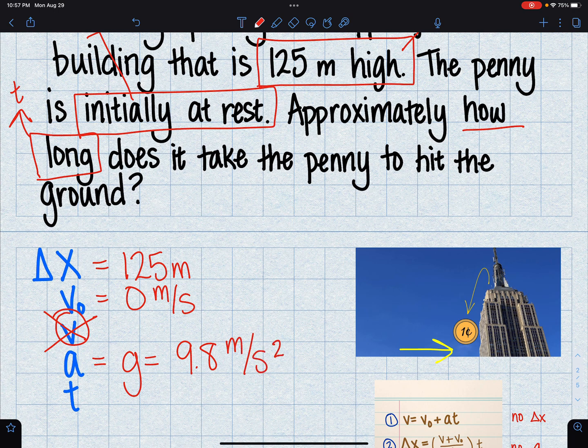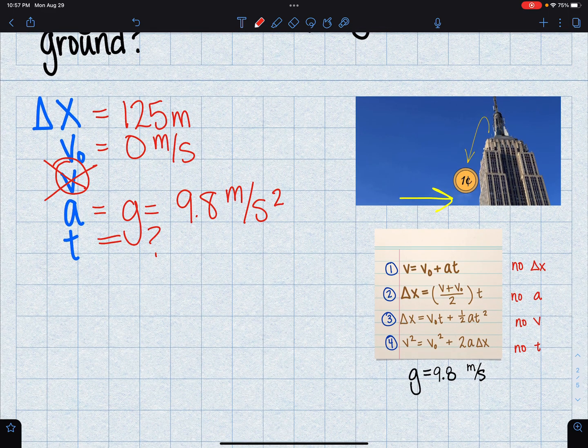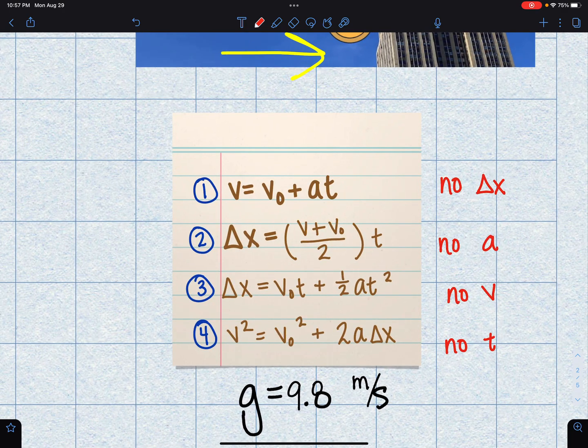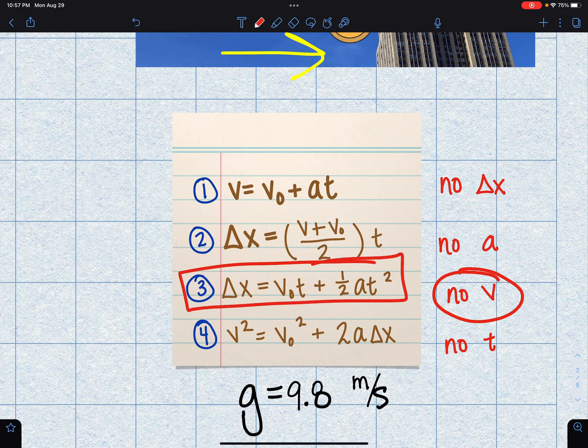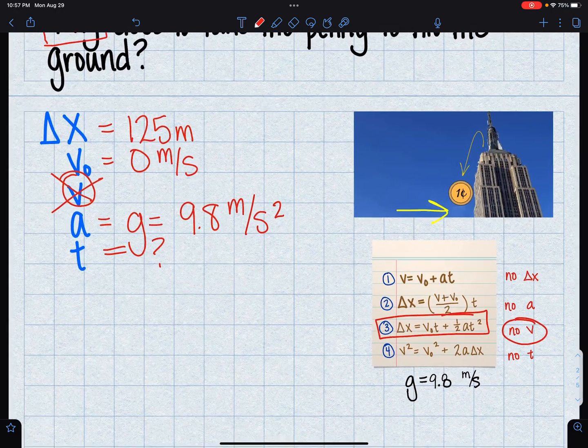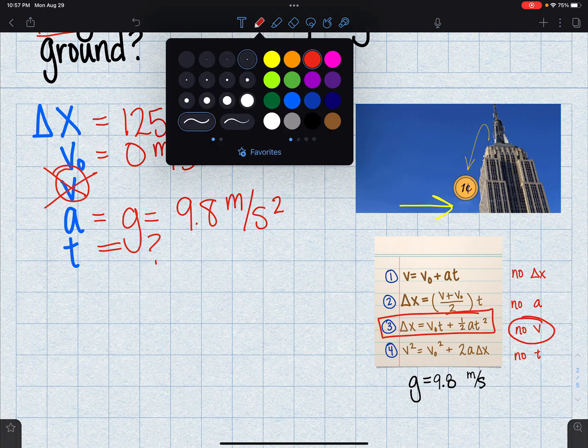Those are the units that you use for acceleration due to gravity. Time is our unknown. I'm going to put a question mark there, but we do want that to be part of the equation. So which equation is that going to be? Let's look at our cheat sheet again. When we don't know anything about that final velocity, we know we're going to be using equation number 3. Sweet, easy peasy. So I'm going to write down that equation.